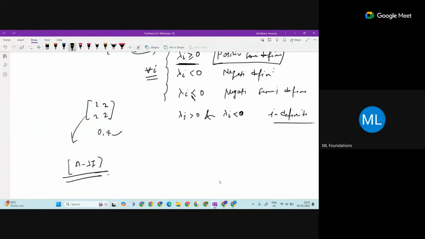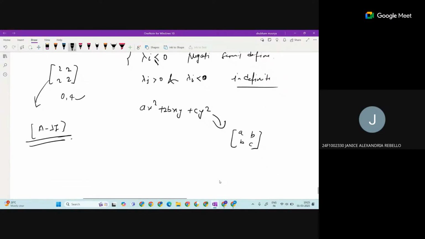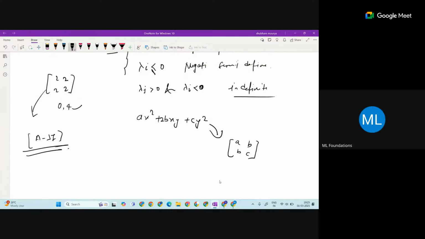Last time we discussed, if we have ax squared plus 2bxy plus cy squared, we want to convert this into the matrix A, B, B, C. This is how it is. So our case is this one: the matrix is 2, 2, 2, 2.